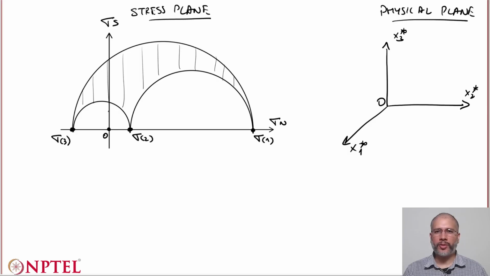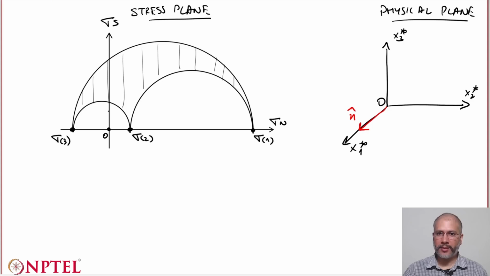Actually, Mohr's circles have much more information than simply giving us the stress maxima. For a given normal n hat in the physical plane, we can find the corresponding sigma n, sigma s point in the stress plane. So if my cutting plane normal was along the x1 star axis, then I know that it will give me a purely normal stress.